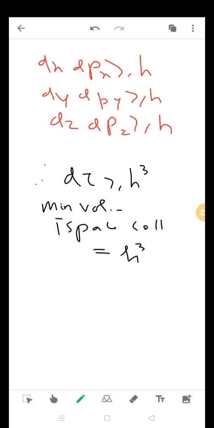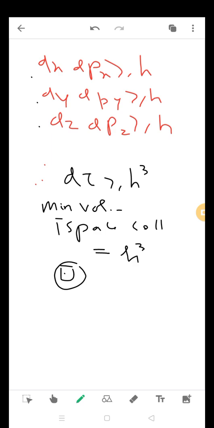So a particle in a phase space cannot be considered exactly located at a point, but somewhere in the phase cell. Since it is following the 3-dimensional Heisenberg principle, we have a phase cell here. The particle cannot be said to be exactly somewhere, but instead we say that it is inside a cell whose volume is of the order of h cube.